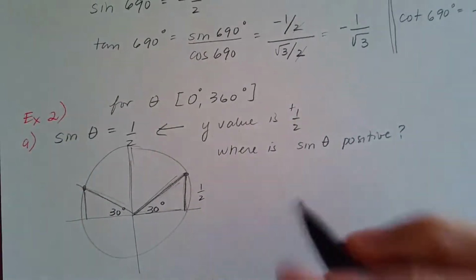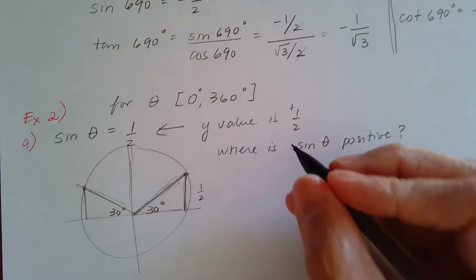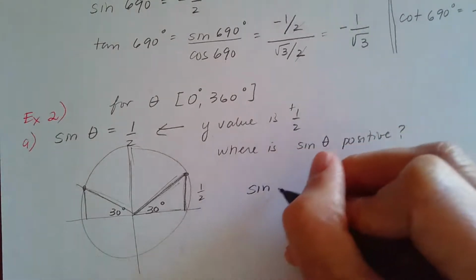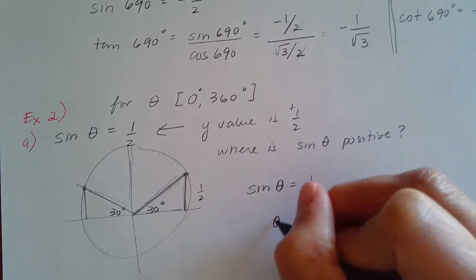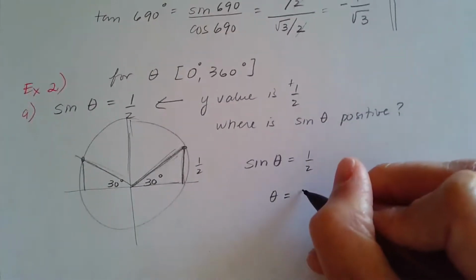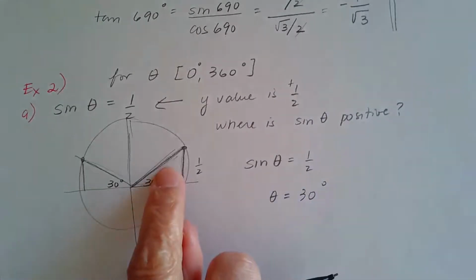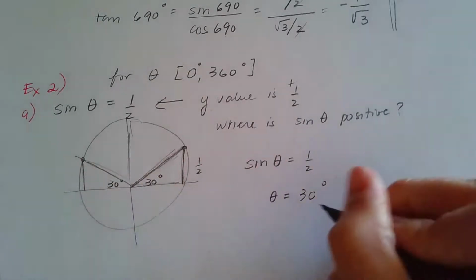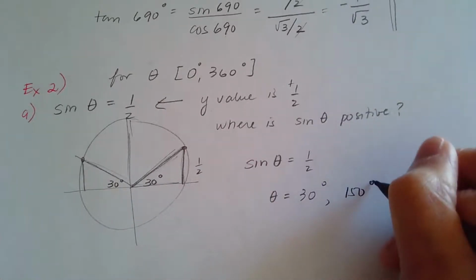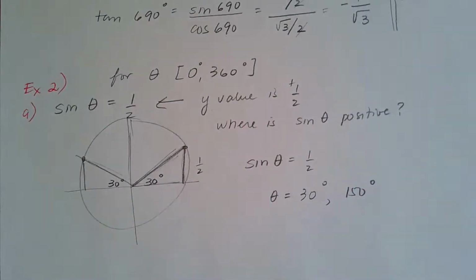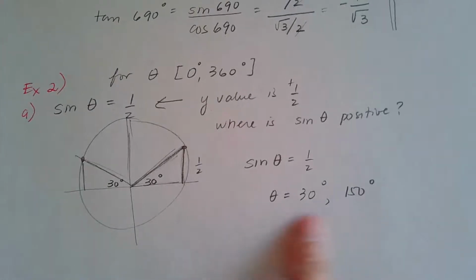So sine theta is equal to 1/2, so theta is equal to 30 degrees in quadrant 1, and in quadrant 2 it is 150 degrees. So we actually have two solutions in here.